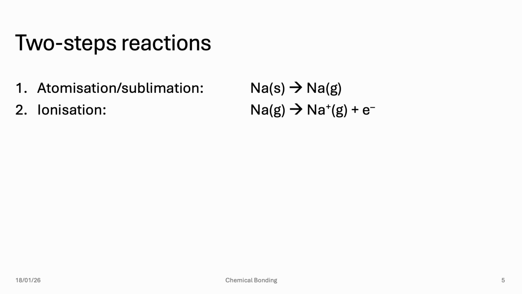Then if the energy is sufficient, the sodium gas will release one electron. The process is called ionization. But when we add them together, the overall reaction is still sodium solid to form sodium plus gas plus electron.